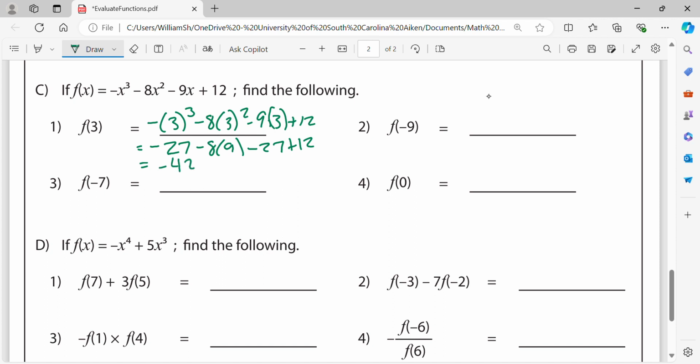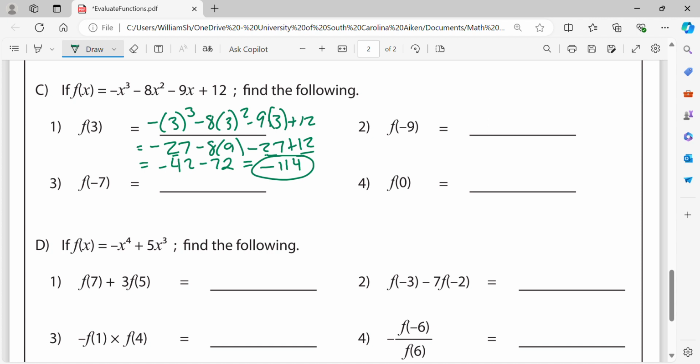I just combined this term and this term. Then I still need to do negative 8 times 9. Negative 8 times 9 is negative 72. So 42 and 72 give us negative 114. And that is the answer to number 1.